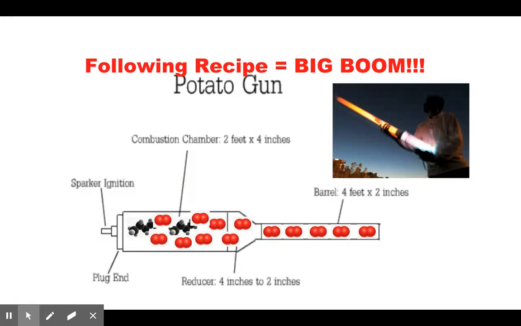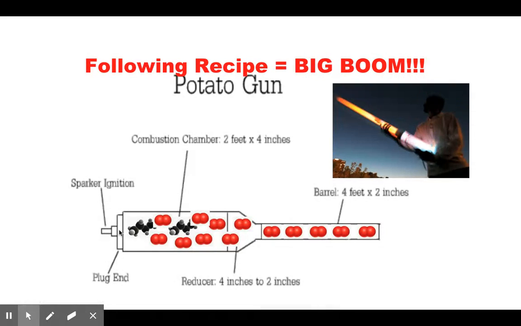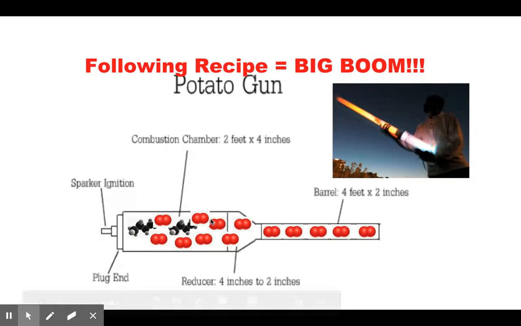Check this out. If we think about the following recipe, right? We had our potato cannon. We had our little spark igniter that we plugged in the end, and our barrel. Now, we threw our Nerf ball in, and if you recall, I sprayed in some of that butane, and I ignite it.